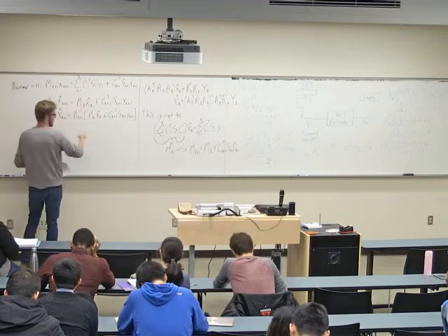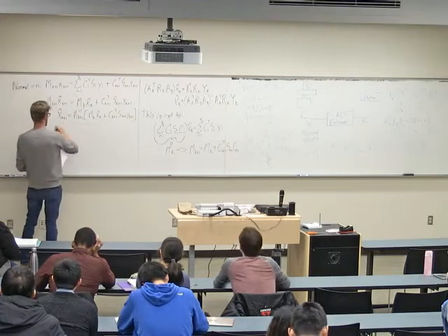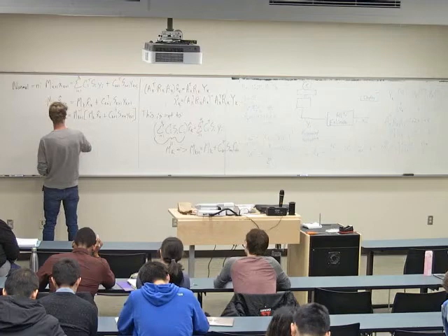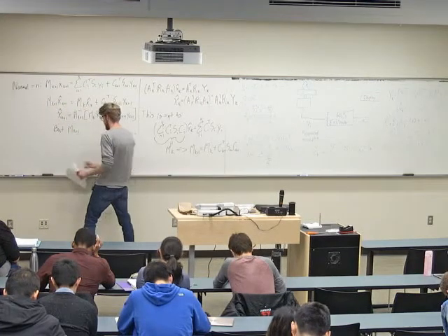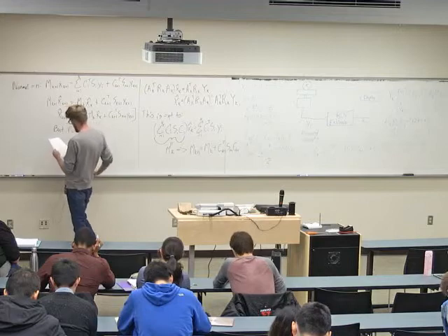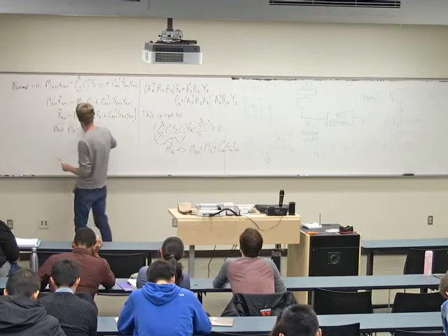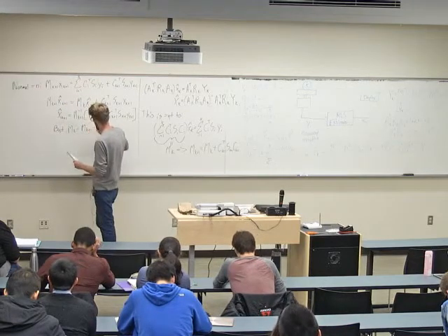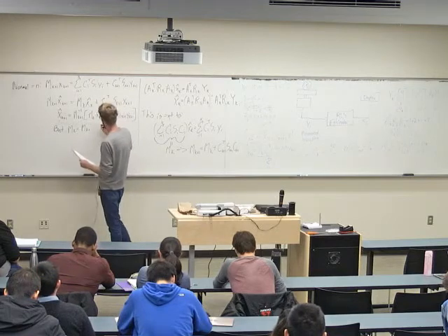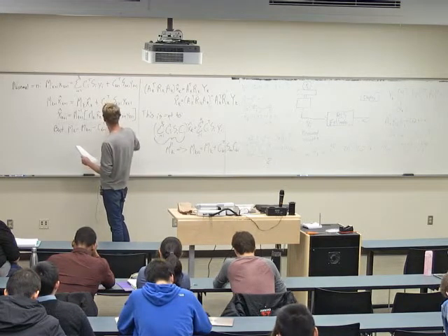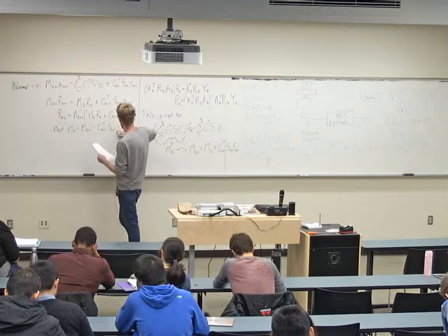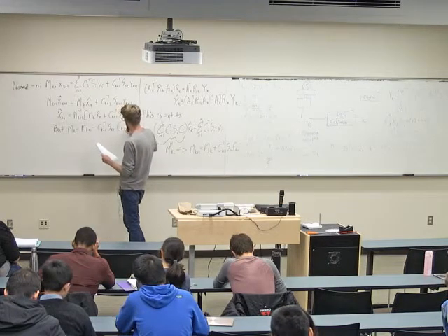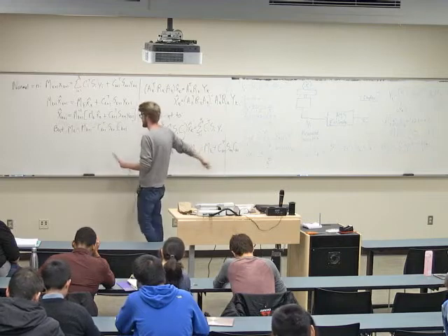But we also know from over there that Mk, or sorry, Mk is equal to Mk plus 1 minus Ck plus 1 transpose Sk plus 1 Ck plus 1, just from our expression down here.